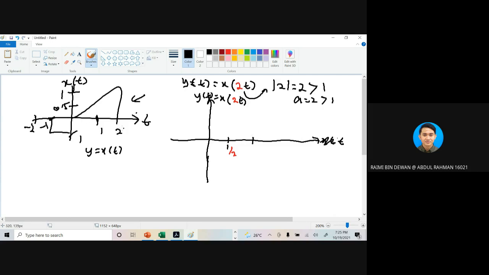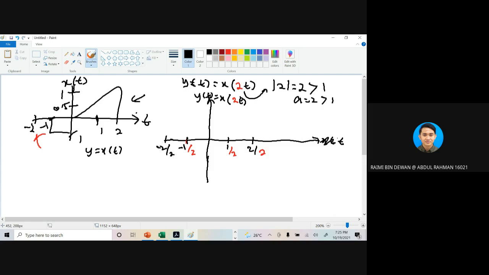The next is 2, so 2 over 2, which is 1, right? And then the next we have here is -1 over 2 as well. Then the next is -1.